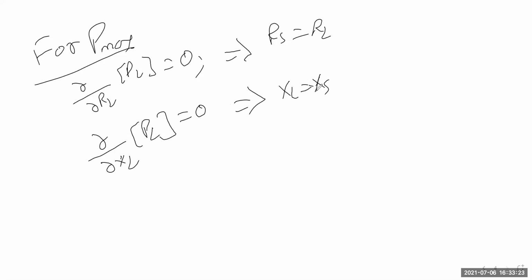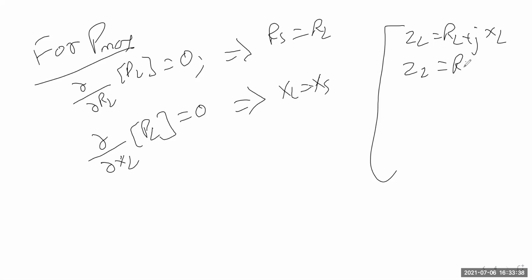These two conditions are applicable here. We know that ZL equals RL plus jXL, and ZL would be Rs minus jXs. If we consider this, we could also consider ZS star as this.